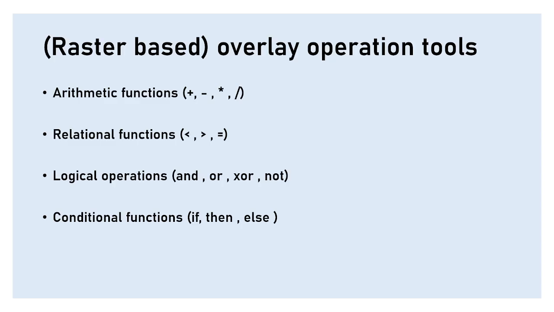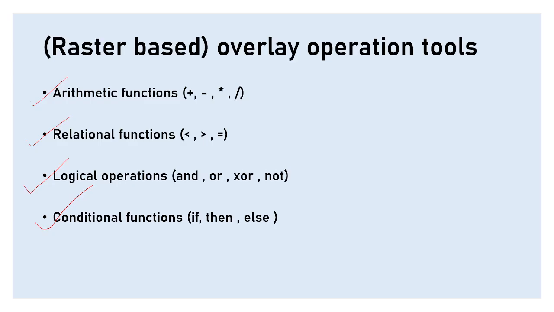So those things mainly we were discussing for the vector-based operations, those are vector-based operation tools. Here we are going to discuss the raster-based overlay operation tools, which include arithmetic functions, relational functions, logical operations, and conditional functions. So we'll be discussing each of these.